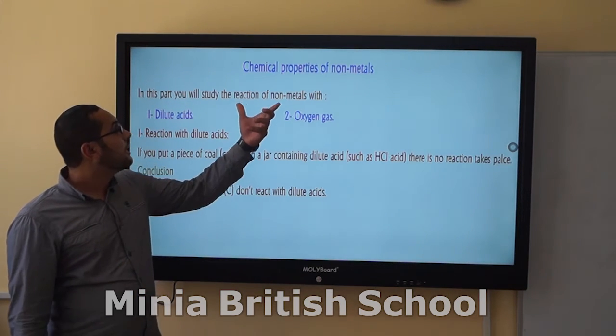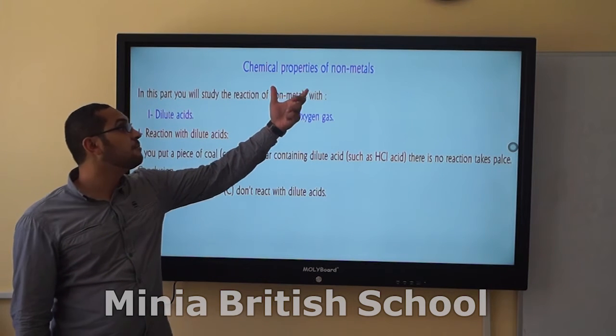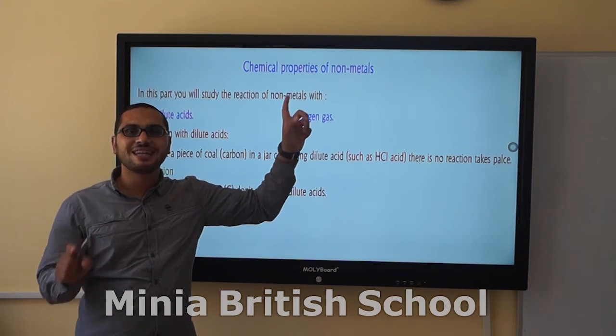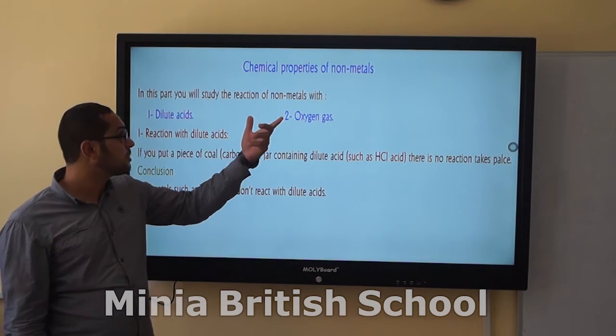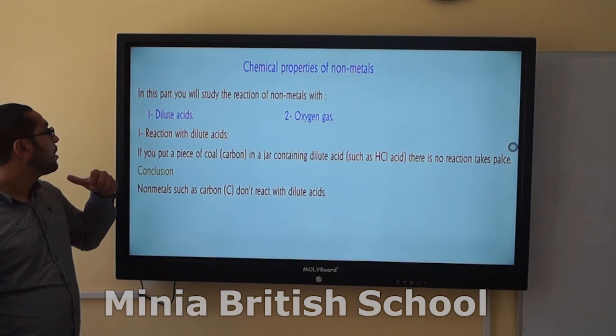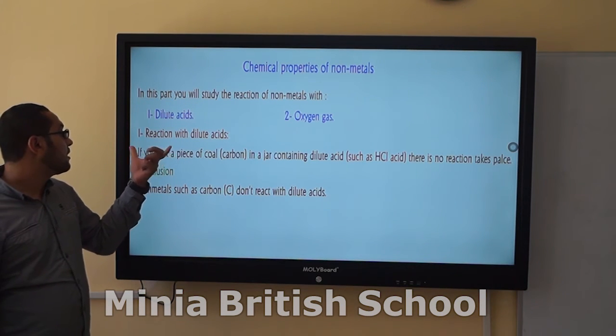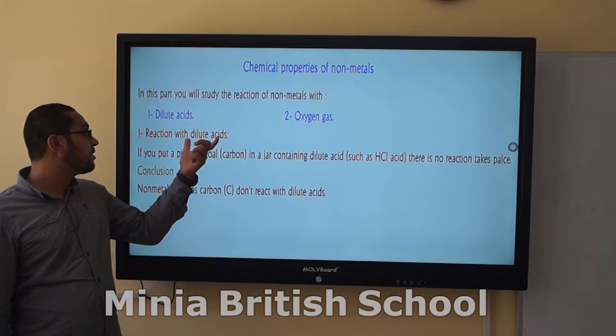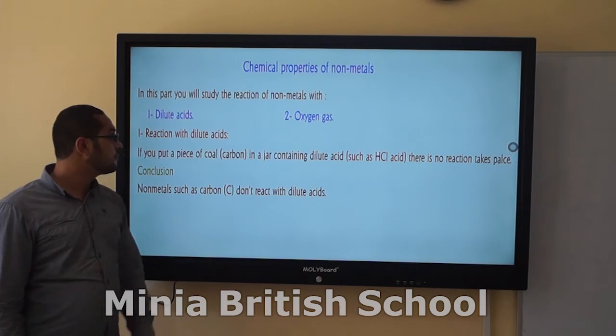Now let's study the chemical properties of nonmetals. The first one, studying the reaction with dilute acids.